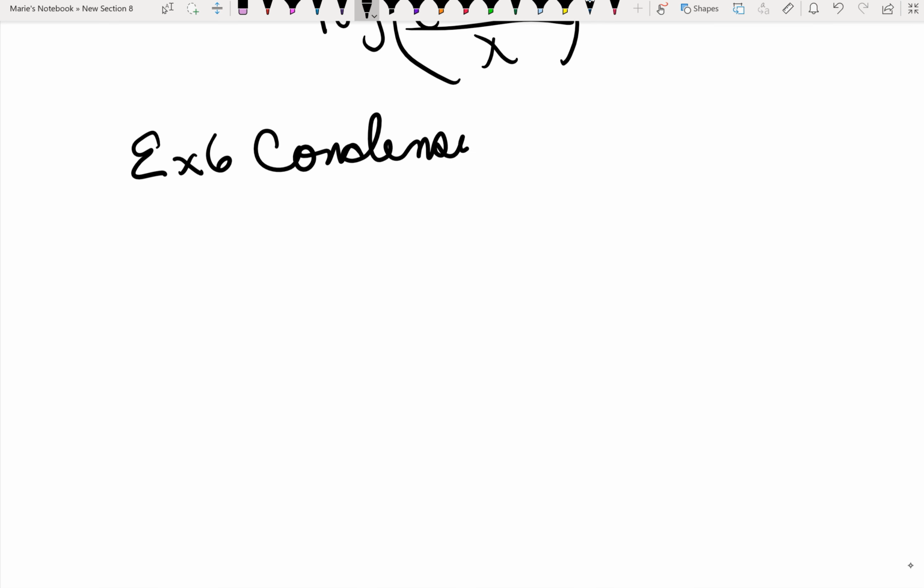All right, let me do example C with you. This will be fun. Example C, I have 4 log, it's just longer, it's the same stuff. 4 log x minus 2 log, of course I use base b.